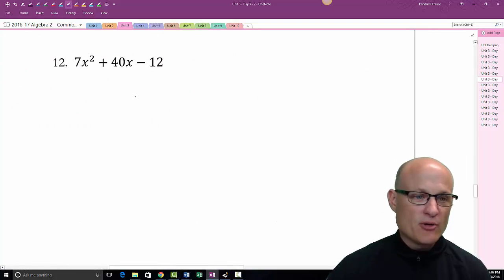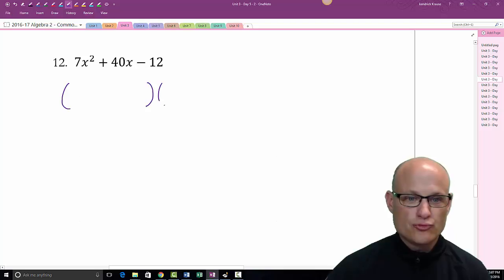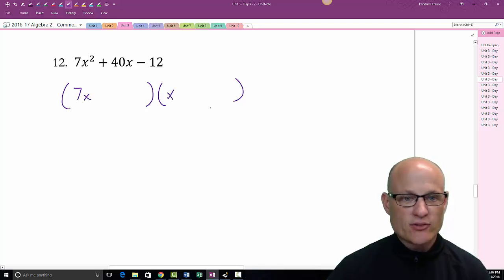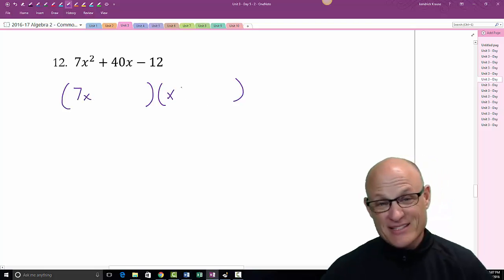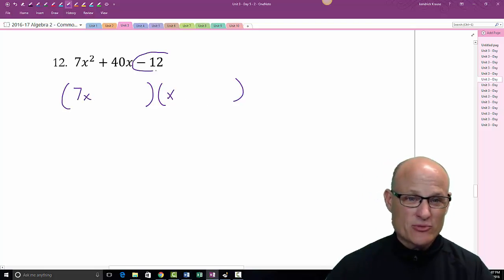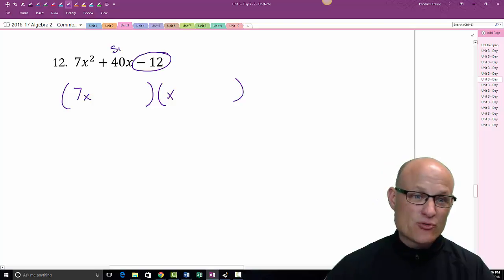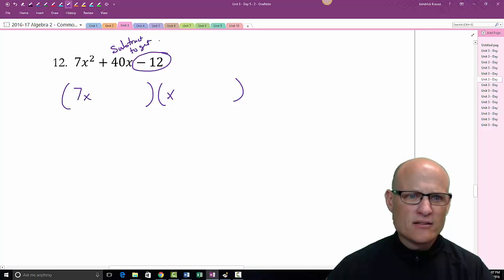All right, no prime, no GCF here. 7x and x. All righty. I can't put the signs in, but I know that they have to subtract to get 40.